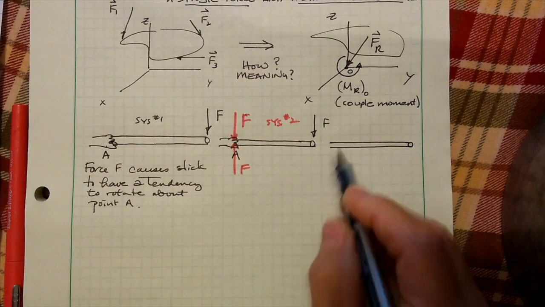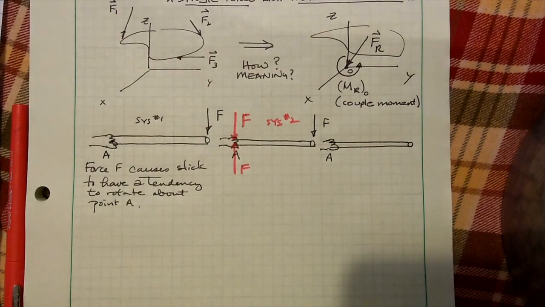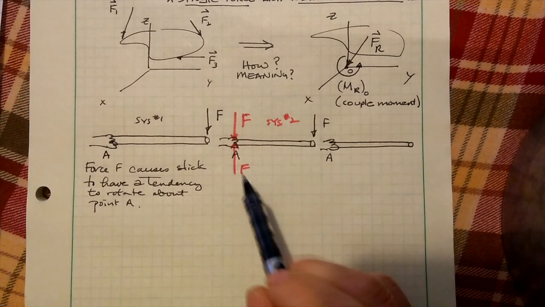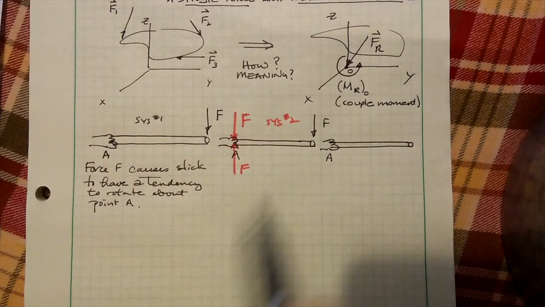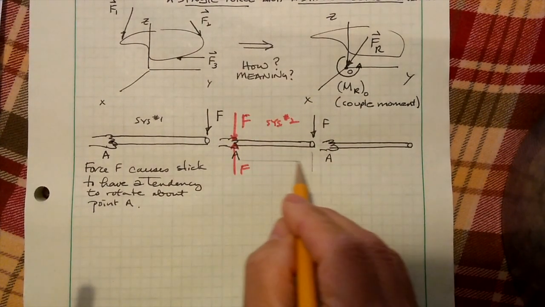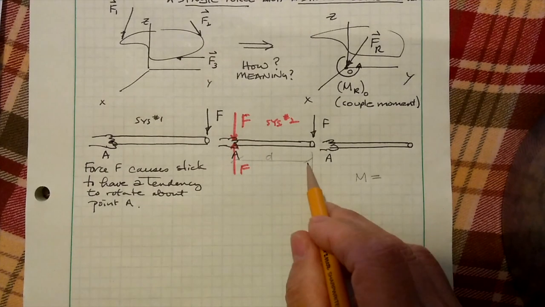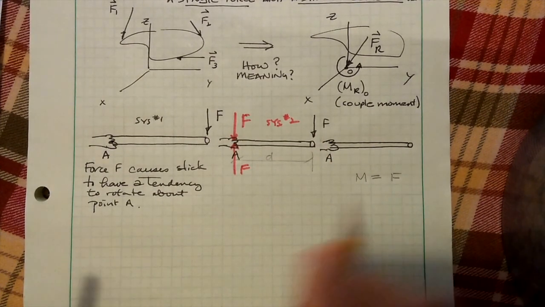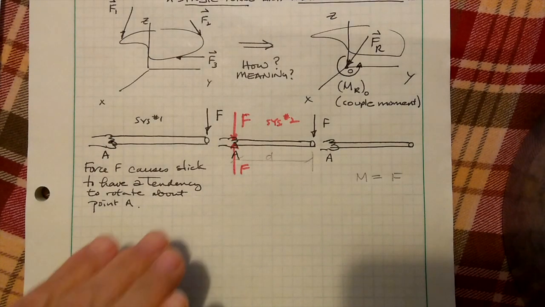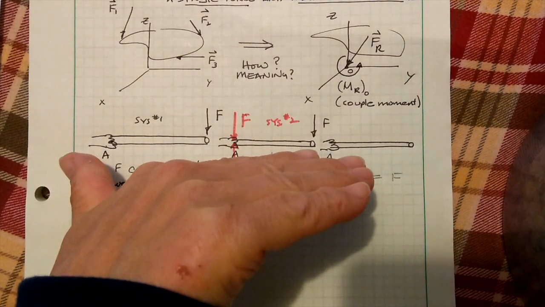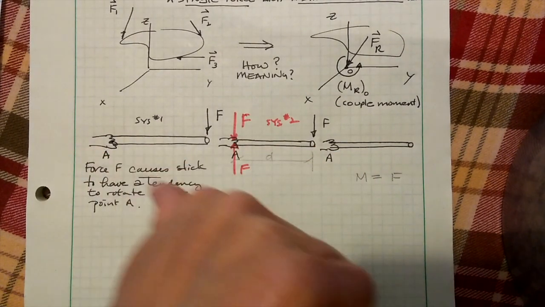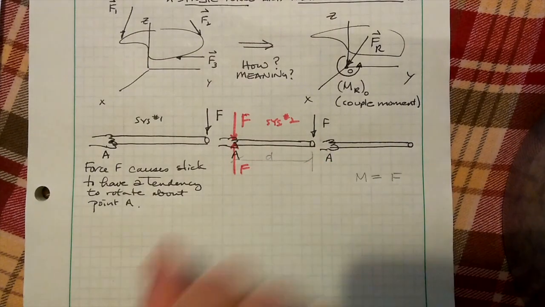So let's say we have the same stick with the person holding it at point A, and I know that this force and this force is a couple, and it creates a couple moment defined by the formula that the couple moment is equal to D times the magnitude of F. If I apply the right-hand rule, where I direct my fingers along D and sweep it in the direction of F, my moment would go into the page.